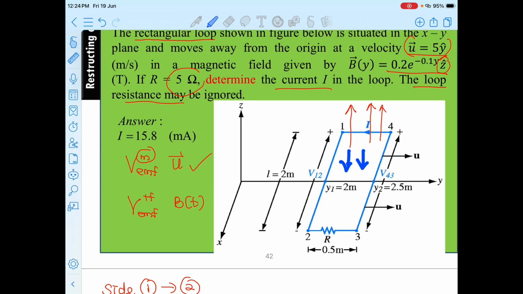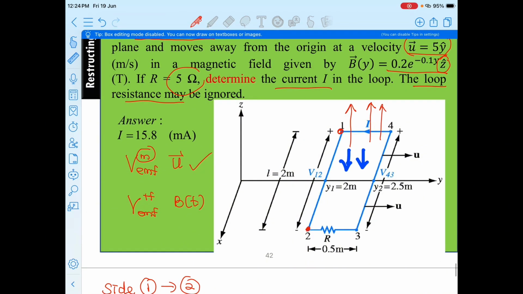So your four fingers grip wire 1 to 2 this way, like this, and your thumb shows the direction of the current flow. So the current flows from 2 to 1.